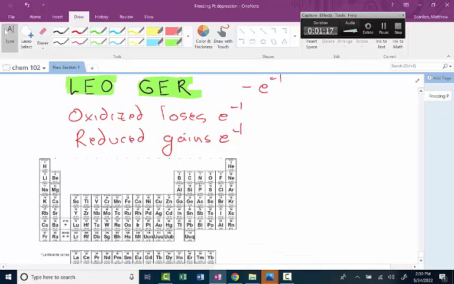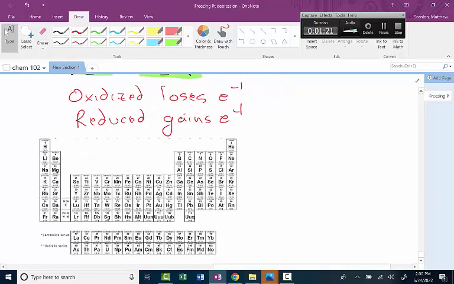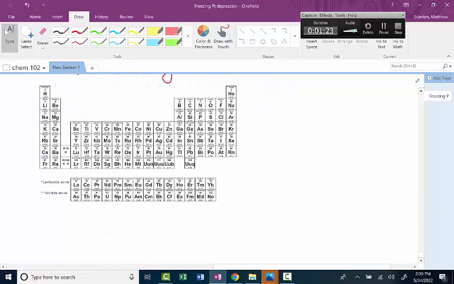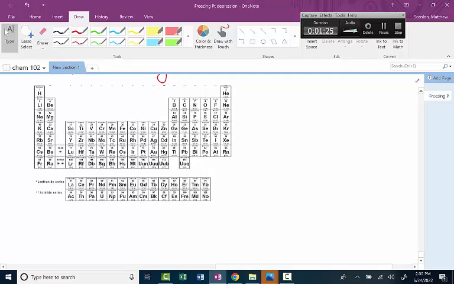The first thing to do is determine the oxidation state, and you're going to need a copy of your periodic table. There are rules you can memorize, and I listed them in there. But here's the easiest thing. We follow the octet rule, the noble gas rule, which means everything wants 8 electrons.